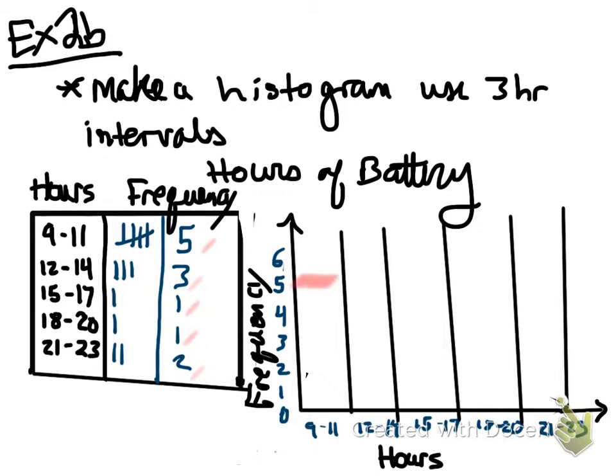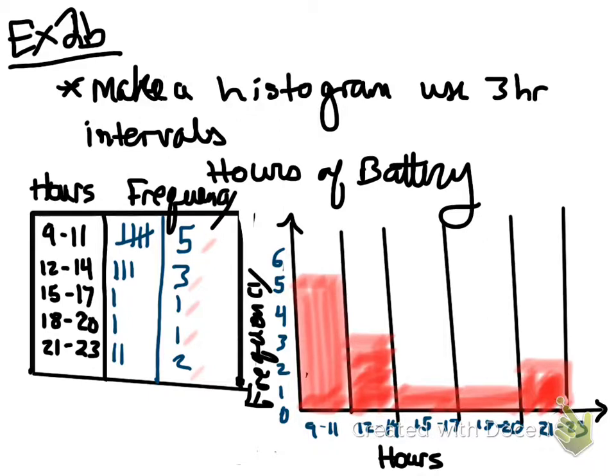You should have marked up to 5 for the 9 to 11 hour range, up to 3 for 12 to 14, 1 for 15 to 17, as well as 18 to 20, and then 2 for 21 to 23. So it's the same information, but it's displayed in a slightly different way.